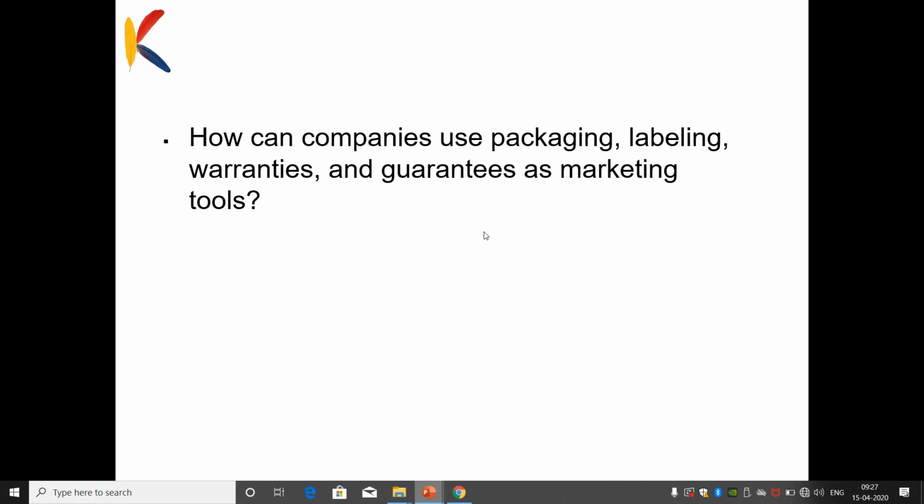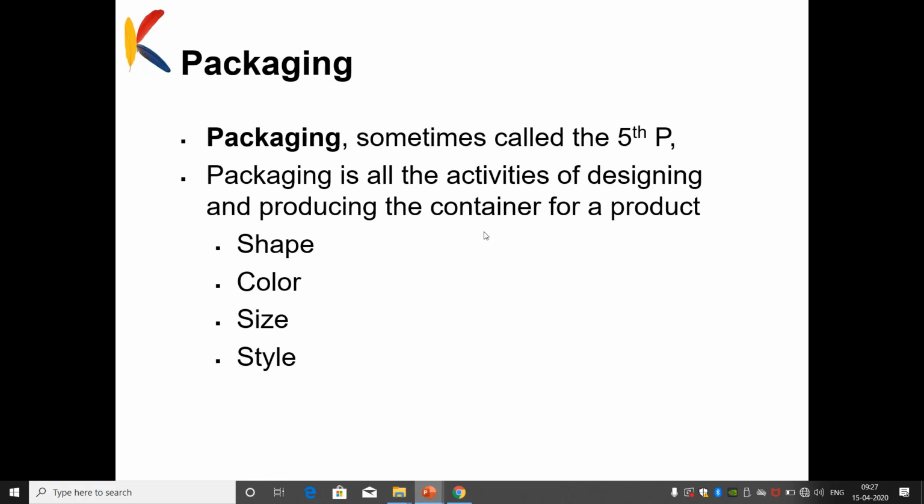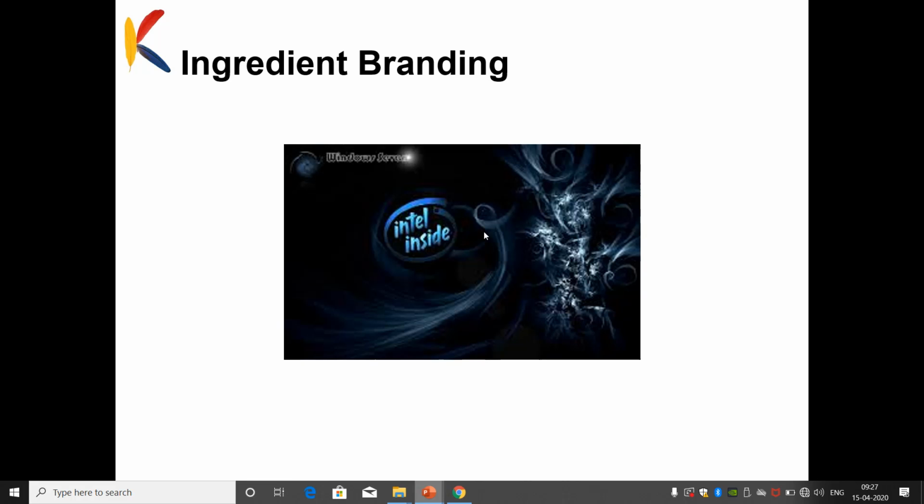So the best example of ingredient branding is what most of the laptop players are doing. They used to say that they have the Intel processor inside, so Intel is another brand, but Intel itself is a brand. So they do the ingredient marketing, that this is a processor which we are having in all the laptops of Dell.